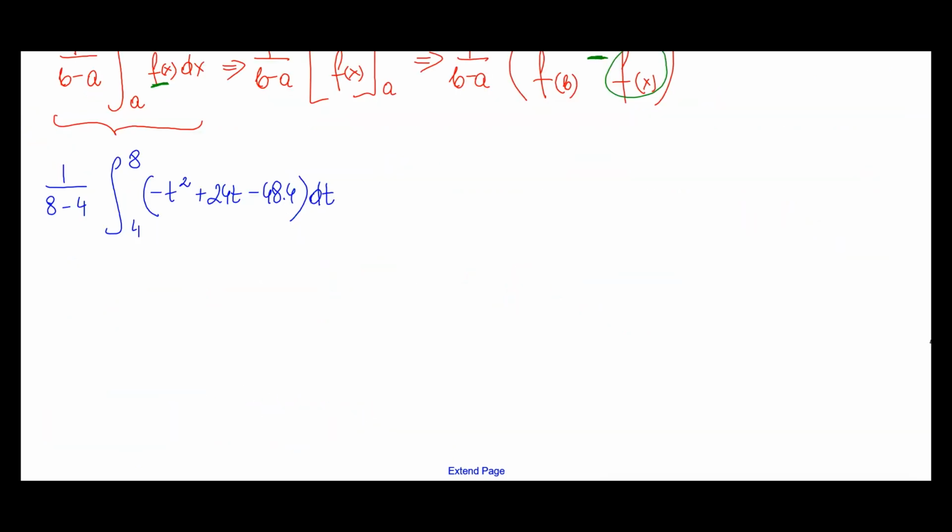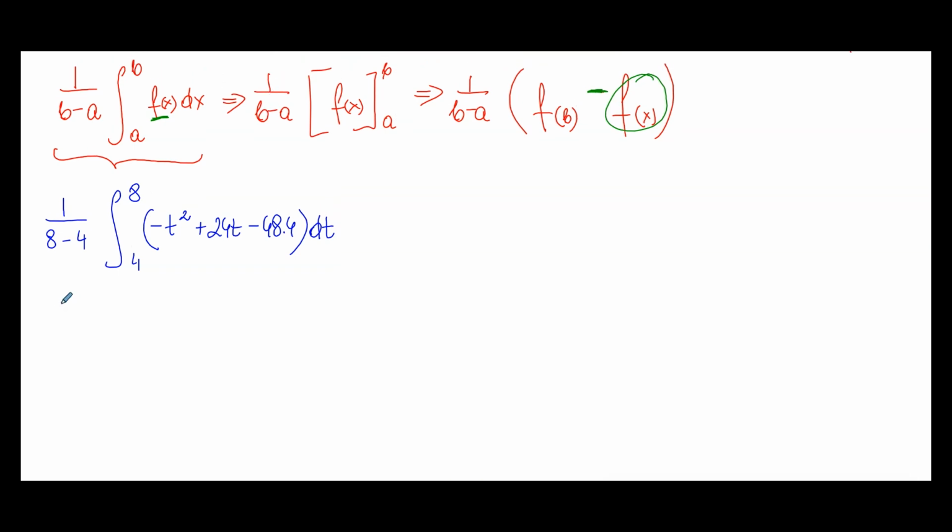Okay, the next stage: 8 minus 4 is 4. We're going to apply those formulas to each of these elements separately. Whatever power I had here, that power is increased by 1 and we divide by the new power.